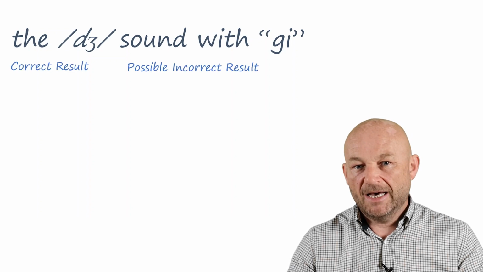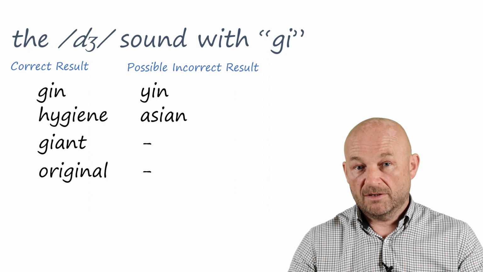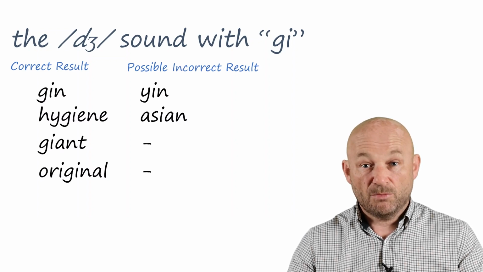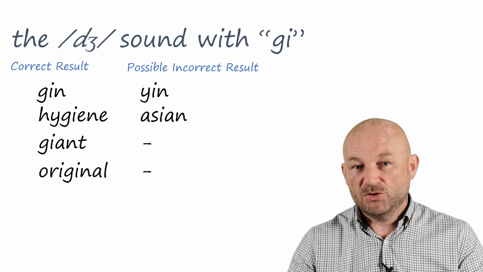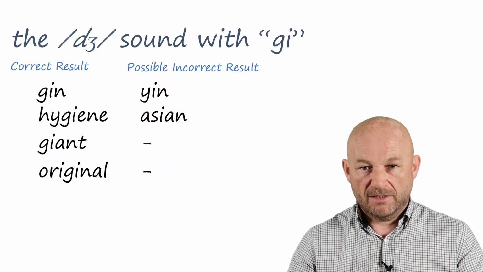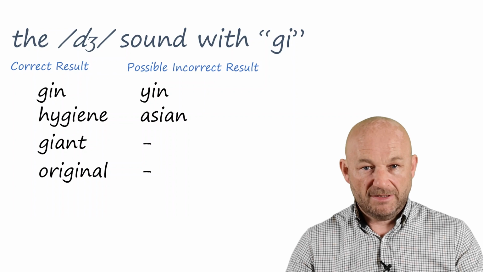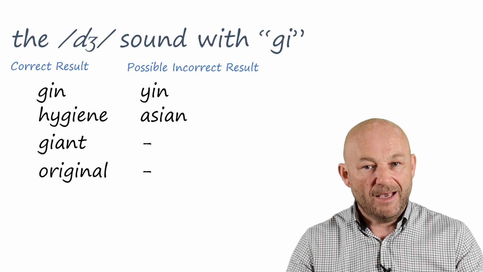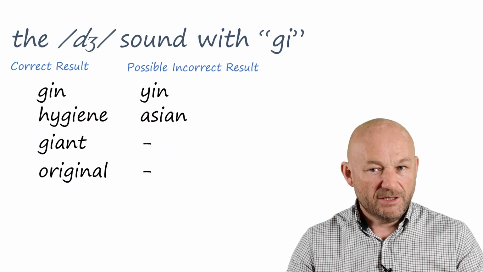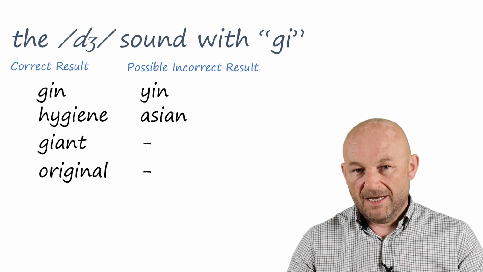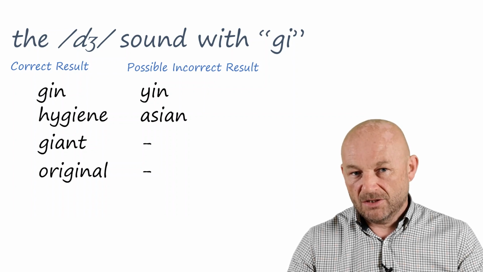Let's have a look at those actual words. Hygiene may give you some problems, but that may be due to the H and the vowel sounds that you are not pronouncing right. Make sure to pronounce the H, high, hygiene. Just a note on the word Asian.